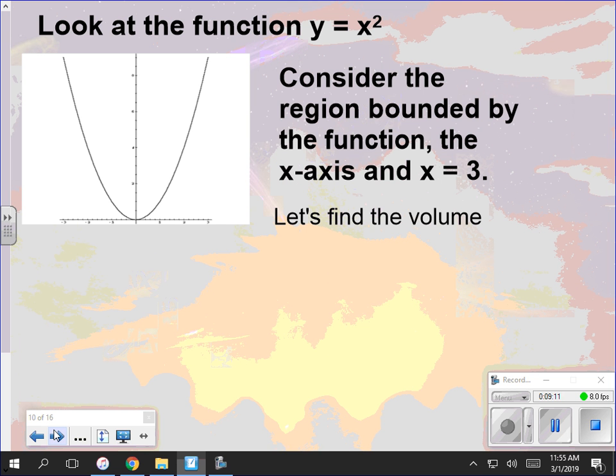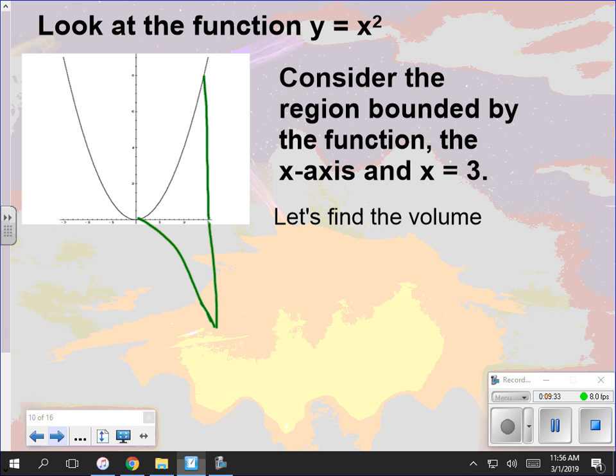Okay. So let's do this. Let's find the volume of this object we've been talking about. So I'm taking this space here, rotating it around, and it's going to give me an object where a cross-section down the middle is going to look something like that.